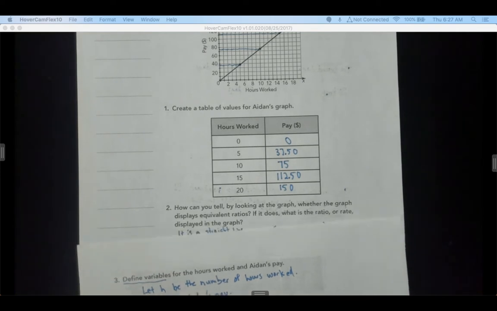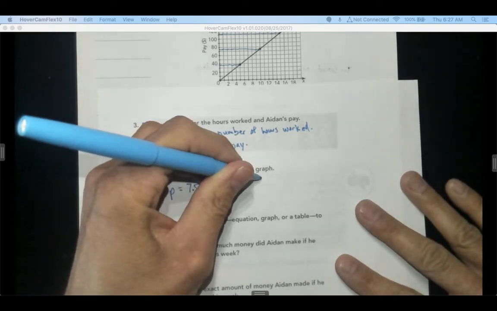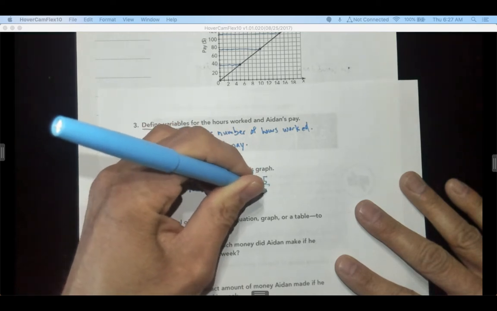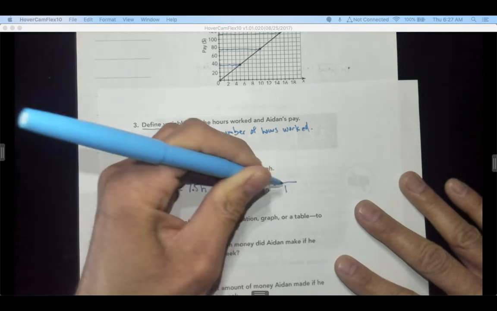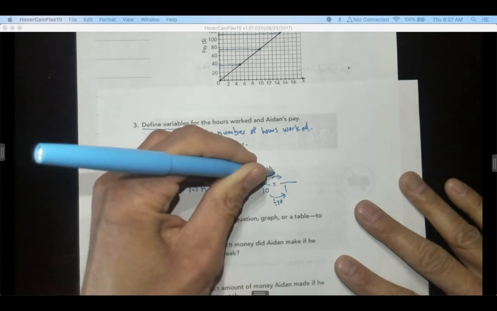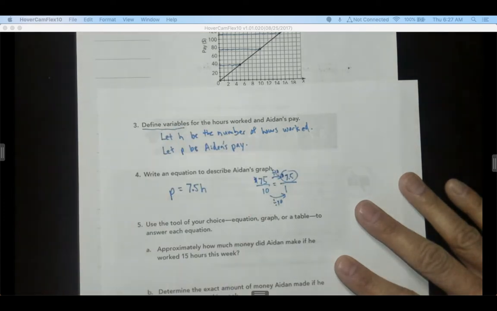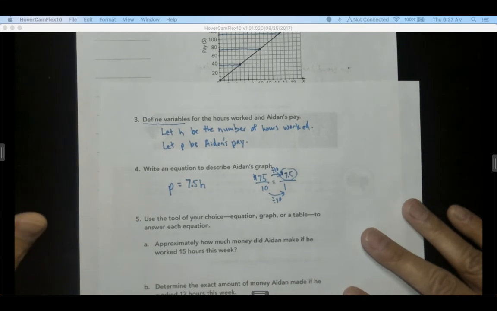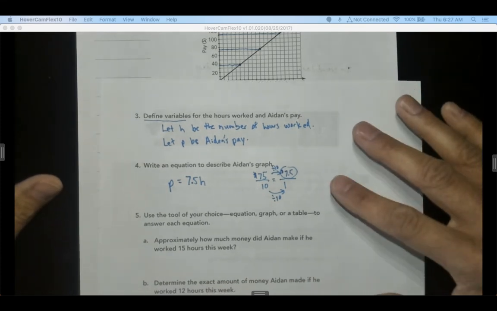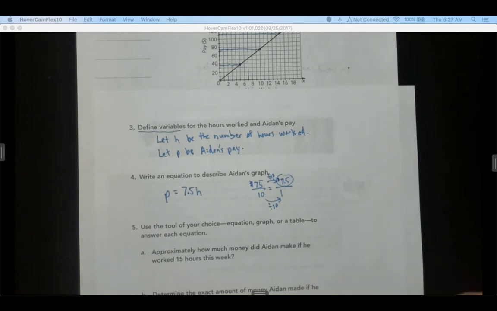I know that because if I took the fact that he made $75 in 10 hours, I know that in 1 hour, he would make $7.50. And so that's where I would get the amount of money he makes per hour. I scaled down the ratio because they're all equivalent, because they're all on the same line, and it shows proportionality.